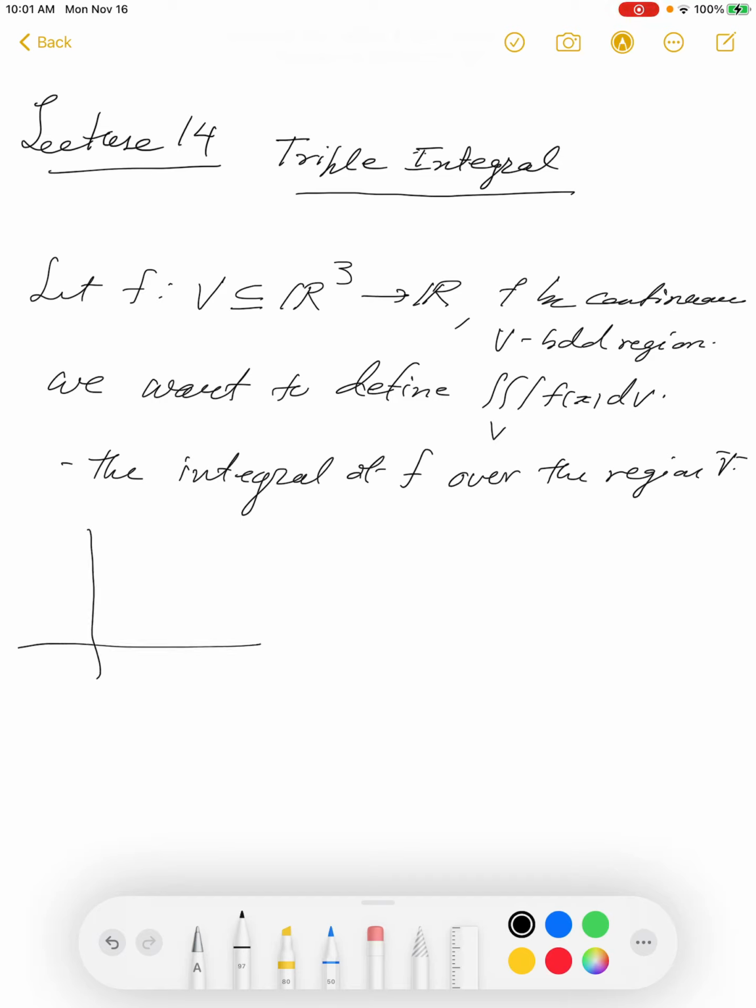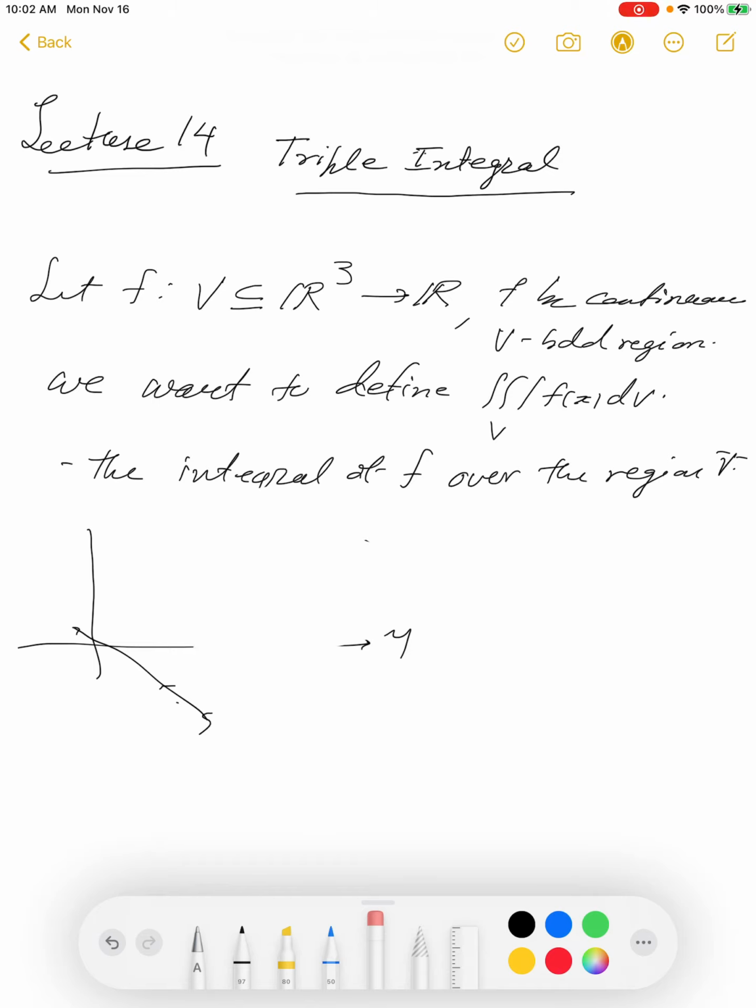So let's start with the picture. So I have a certain region in 3 dimensions. And how do I see this? Maybe I'll draw a picture a bit later.